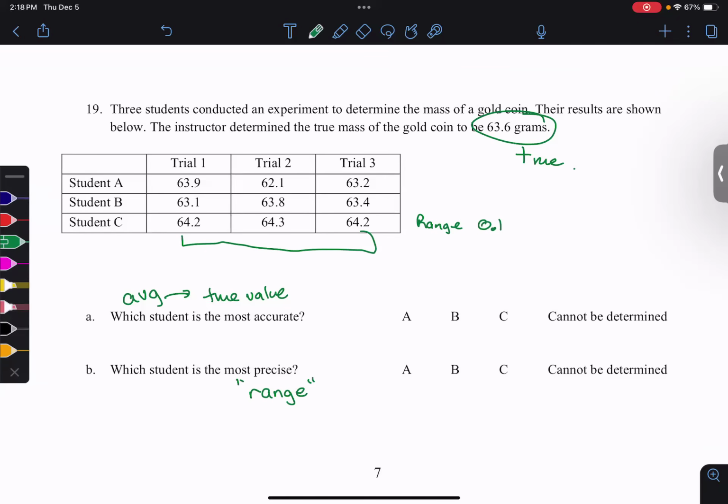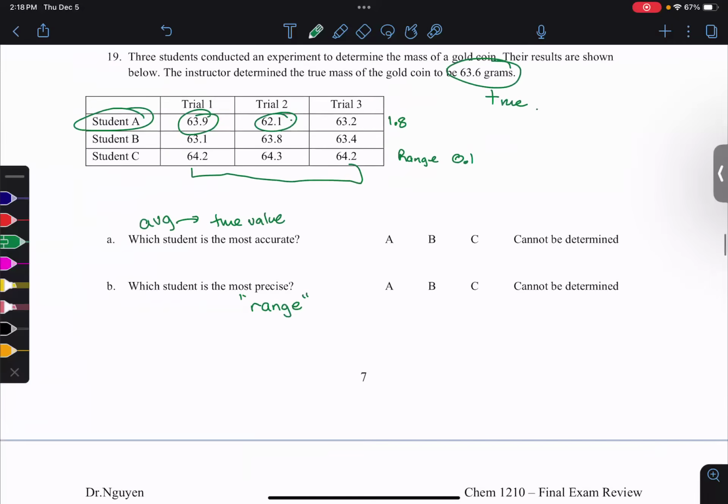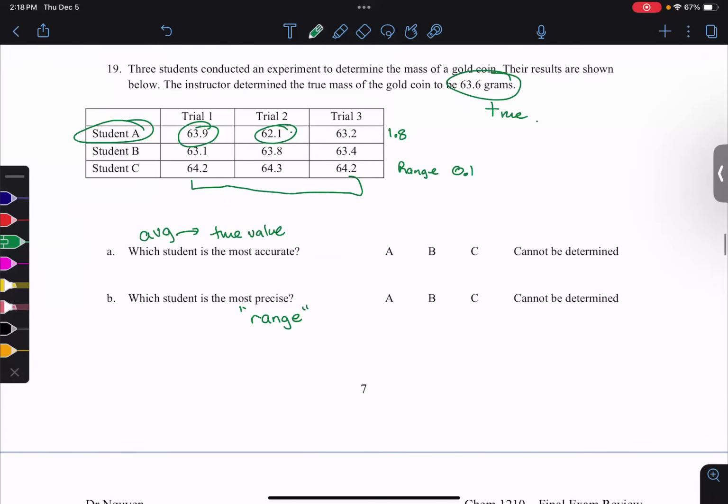Student A, that one's probably me. Here's the low, 62.1, and here's the high, 63.9. So they deviated 1.8 grams in their measurements. That's crazy. So in this case, student C would be the best in precision.